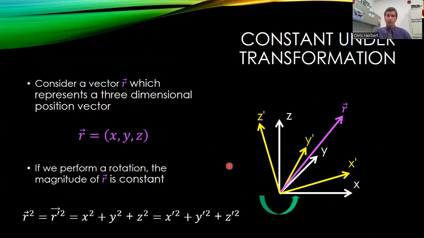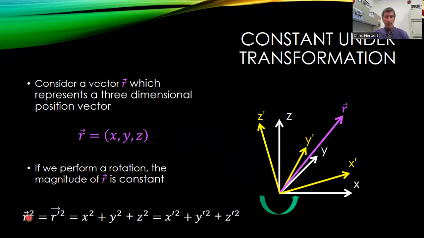Now, what's interesting is, and I didn't do a great job illustrating this, but bear with me. Imagine that we do some type of rotation with our coordinate system. We know that if this is our normal 3-dimensional vector, and we rotate our coordinate system, that type of transformation does not change the magnitude of the vector.